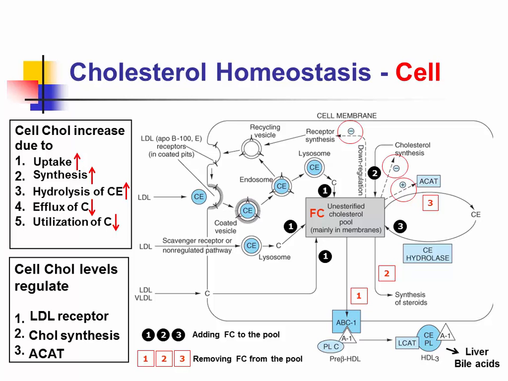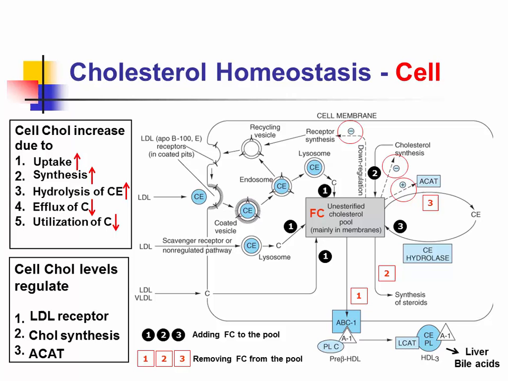These two pathways, one adding and one removing, need to be balanced. The pathways that add cholesterol include uptake from the circulation, LDL receptor mediated. So you take up cholesterol from circulation into the cells and add it to the pool, right?